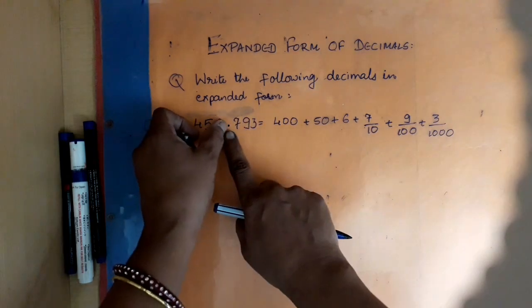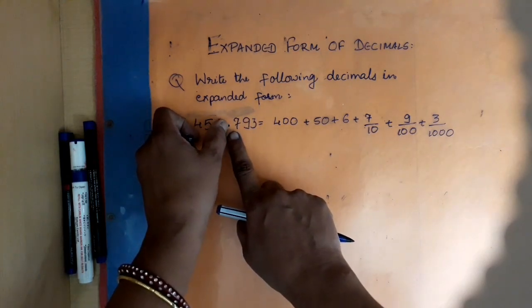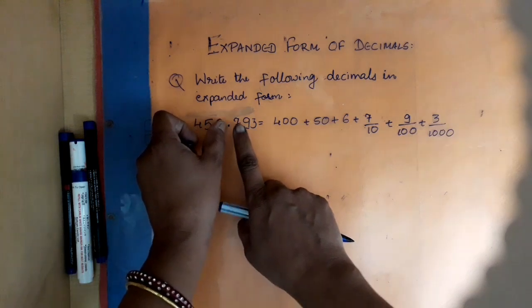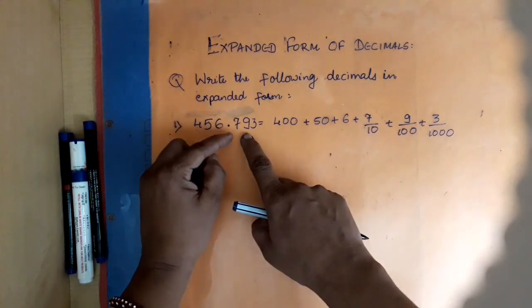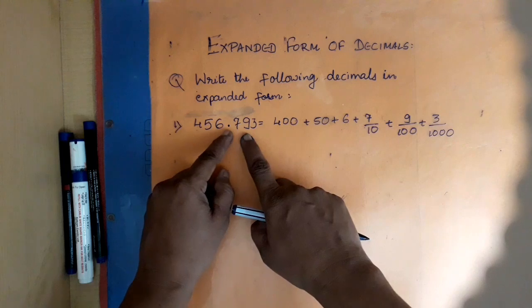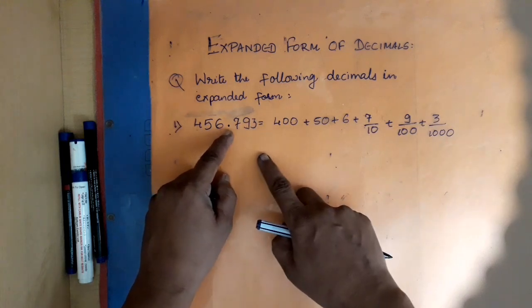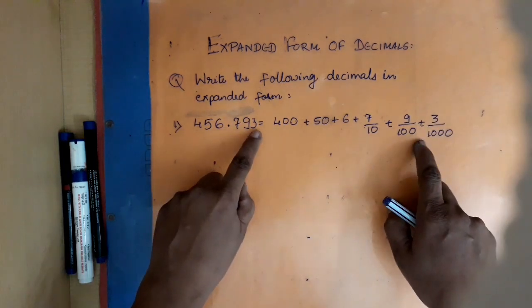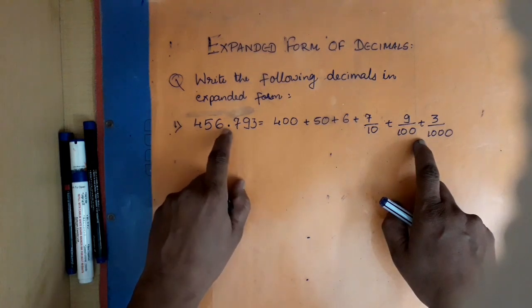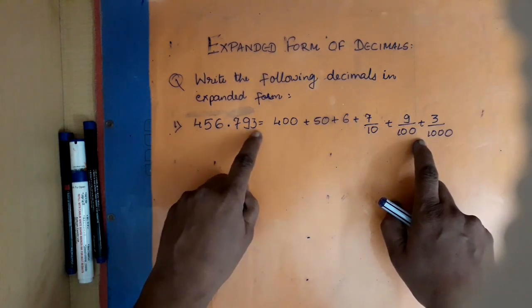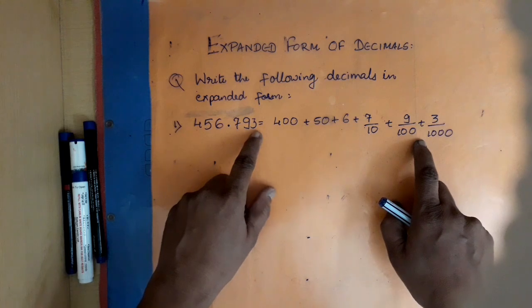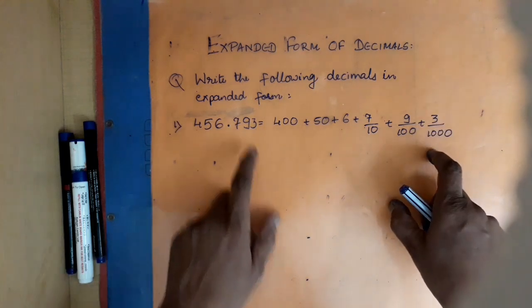Now after the decimal point, the number is in the tenths place. So 7 upon 10. 9 is the second digit after the decimal point. So 9 upon 100 plus 3 is the third digit after the decimal point. So you can express it as 3 upon 1000, right?